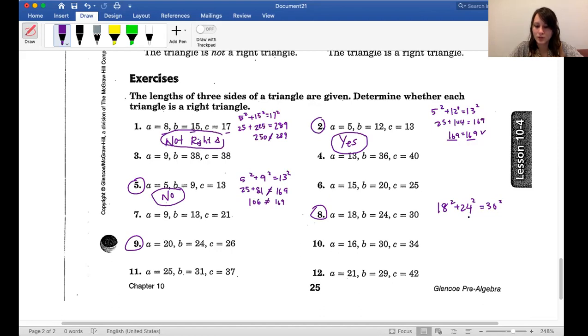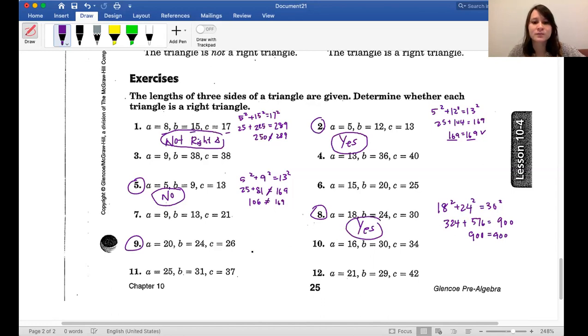Okay, so 18 squared is 324, 24 squared is 576, 30 squared is 900. And it does equal. Okay, so this is a right triangle, yay.